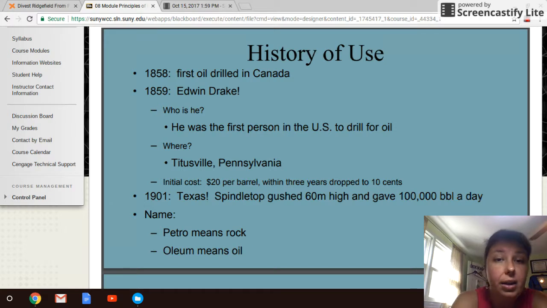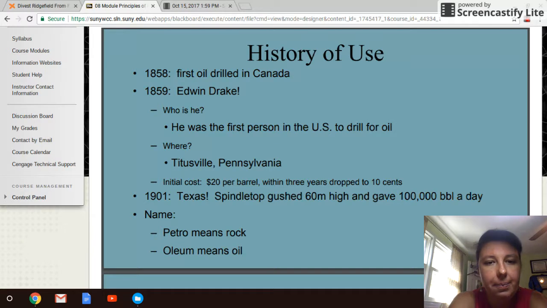Edwin Drake is the first person to do an oil drilling in the United States. He did it in Titusville, Pennsylvania, so that was our first oil spurt in Pennsylvania. The most abundant oil well in the world for a good 50 solid years was Spindletop in Texas, which is why Texas was known as the oil state.